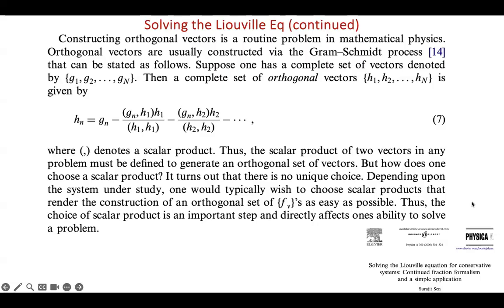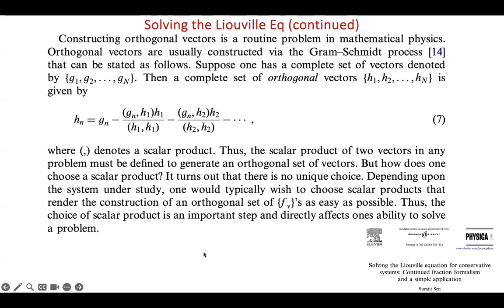One would typically wish to choose scalar products that render the construction of an orthogonal set as easy as possible. That's the strategy. Your choice of orthogonalization formula should make it easy to construct these. It shouldn't be complicated, because more baggage means more work, more chance of error, everything.